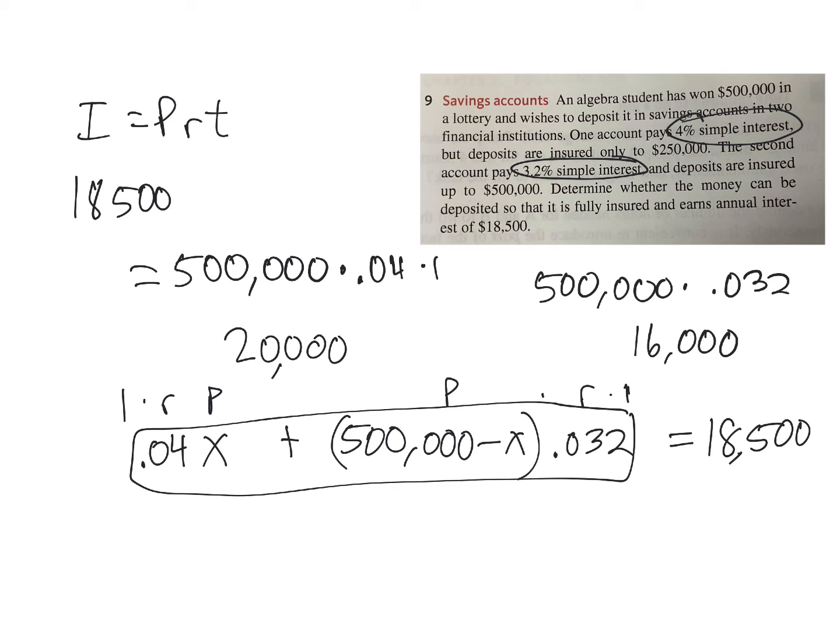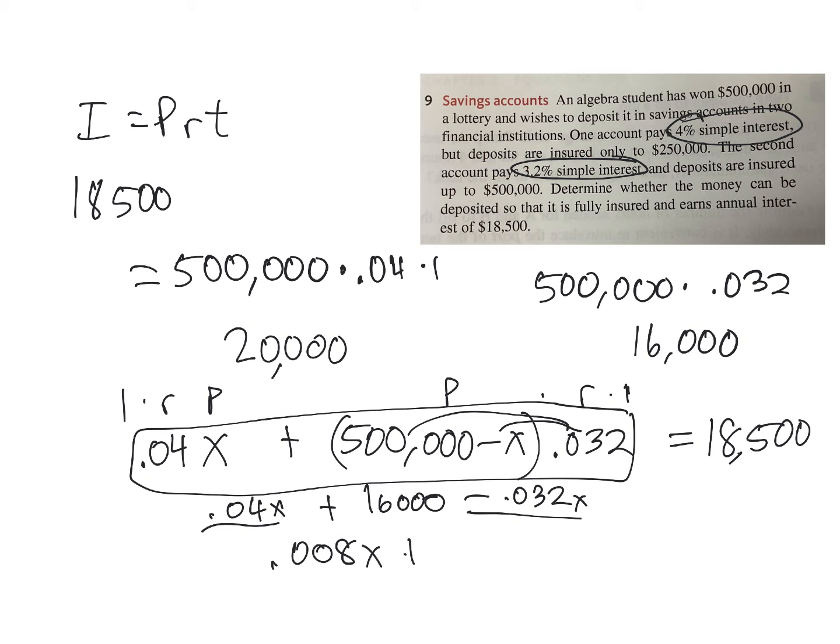So let's figure this out. 0.032 times 500,000 is going to be 16,000 minus 0.032x. So I'm distributing the 0.032 here. And we still have the 0.04x there. So you have 0.04x and a minus 0.032x. All right, so 0.04 minus 0.032, that's going to be 0.008x plus 16,000.